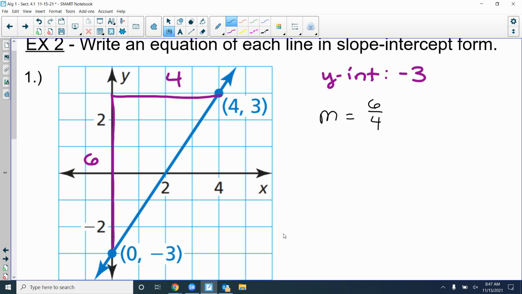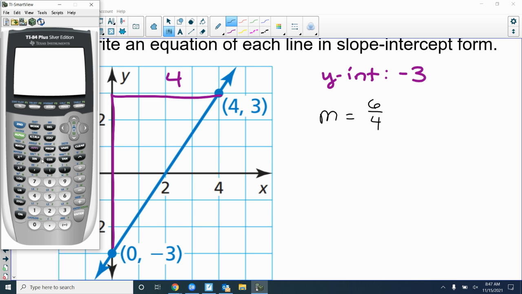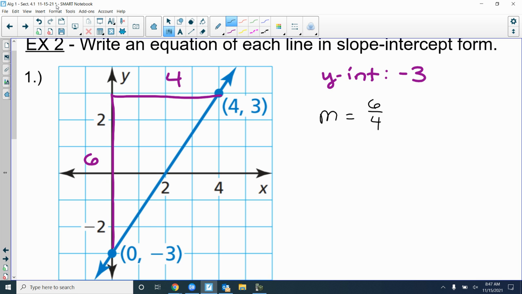We want to see our rise over run. If you just hit 6 divided by 4, it'll say 1.5, so we don't want that. There are ways you can hit the ABC button or different things, but you should be able to figure out what that reduces to. 3 over 2. So now that is 3 over 2.